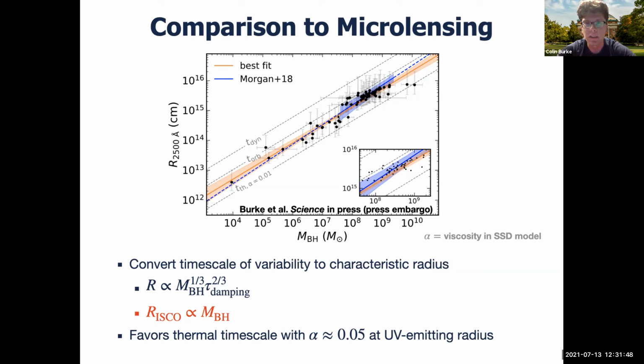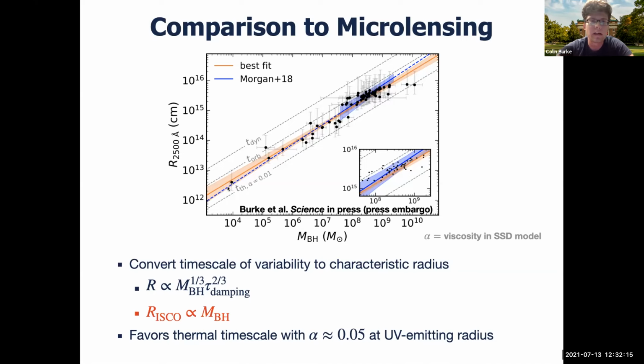So that's the blue here. And if we assume that this radius is indeed the UV characteristic radius, then that implies that the characteristic timescale we're looking at is the thermal time at the UV emitting radius.